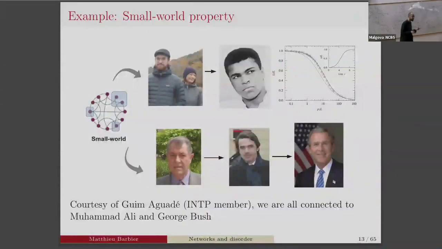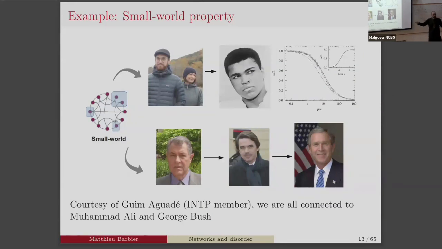I'll just take one example. Thanks to Guy Magrade, who is a member of INTP, which is, well, I'll explain what INTP is someday, but let's say my independent organization. So I know this guy, and this is his aunt, and his aunt is a journalist, and she has interviewed Muhammad Ali.